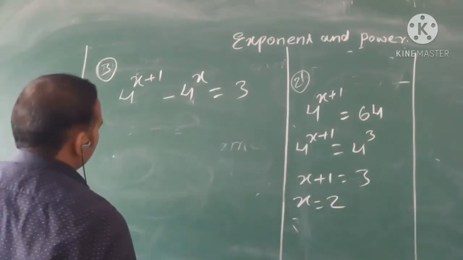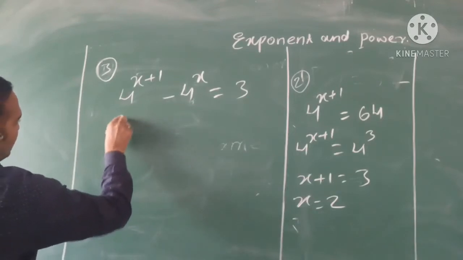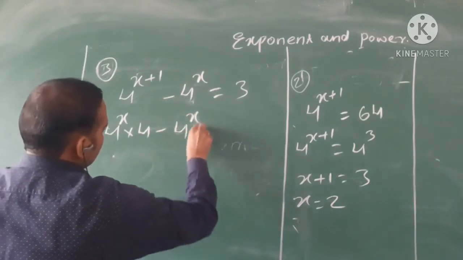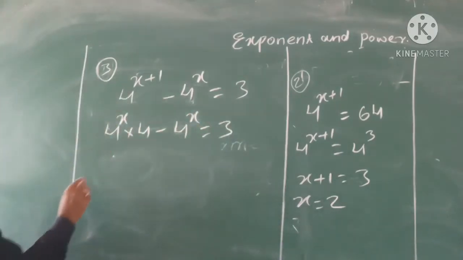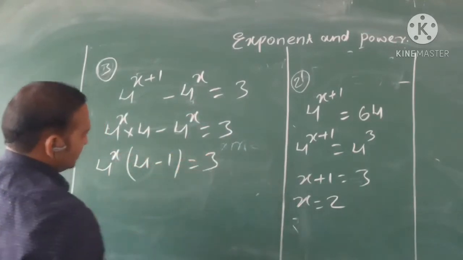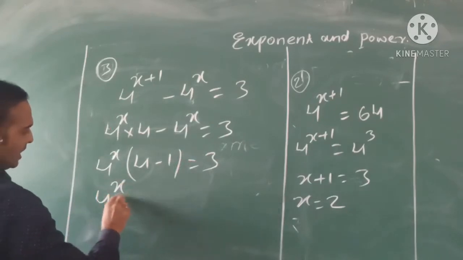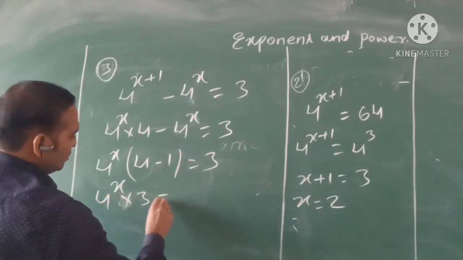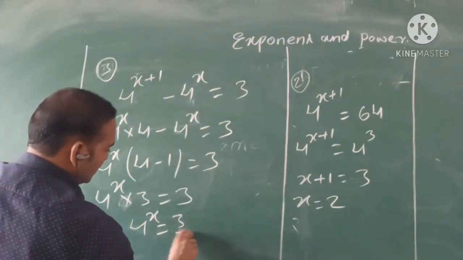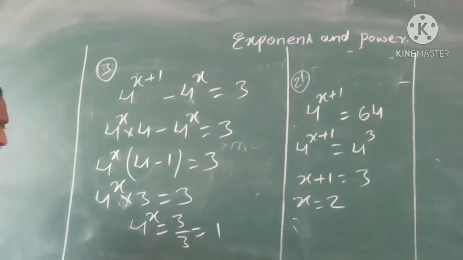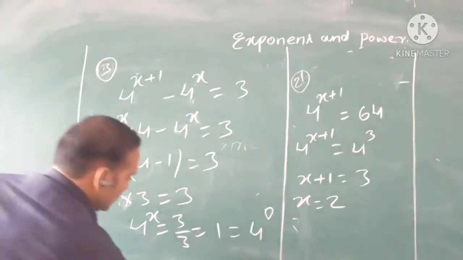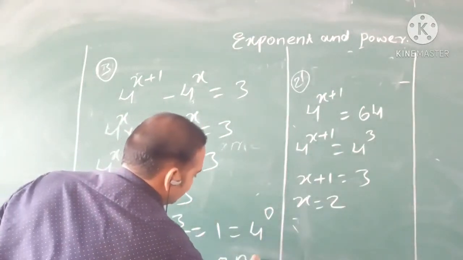At first, this may be written as 4 to the power x into 4 minus 4 to the power x is equal to 3. Taking common 4 to the power x, 4 minus 1 is equal to 3. 4 to the power x into 3 equal to 3. That is 4 to the power x equal to 3 by 3 equal to 1. That is 4 to the power 0. Then x is equal to 0. Answer.